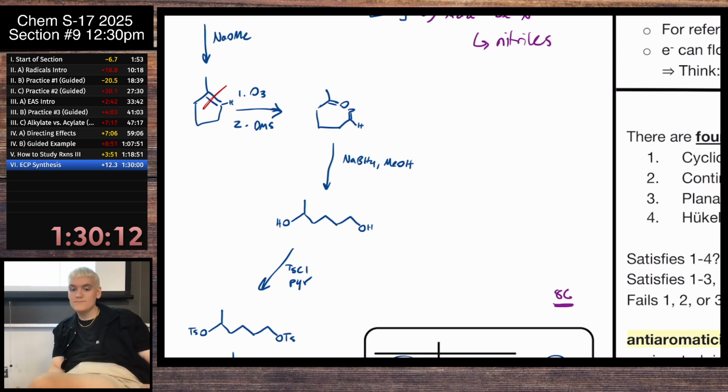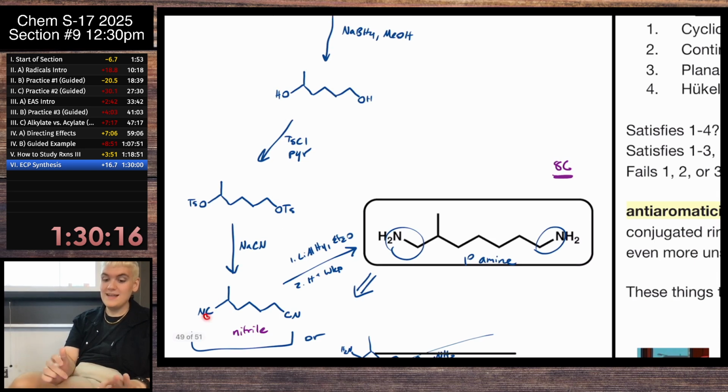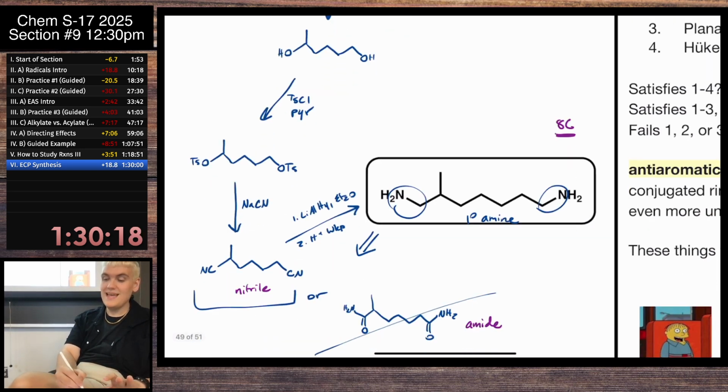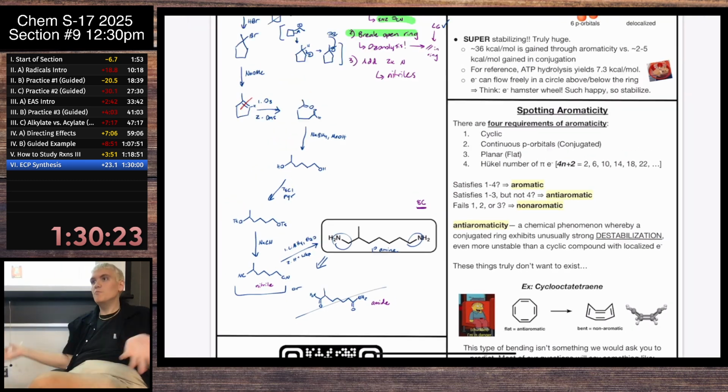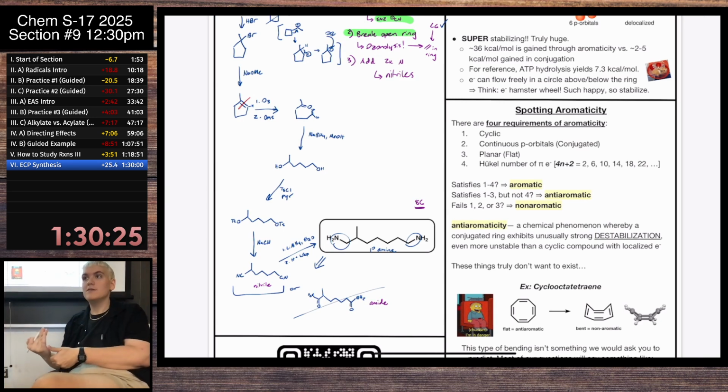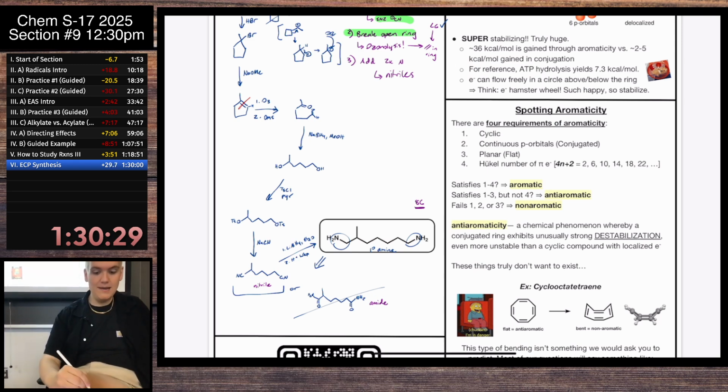Wait, are we still at 7 carbons though? Like, where's the actual one? So we had 6 initially, 7, 8. Oh, from the nitrile, and we're done. Like we kind of stumbled into it working backwards. Wait, where did this come from? It came from the nitriles, the carbon in the nitrile.